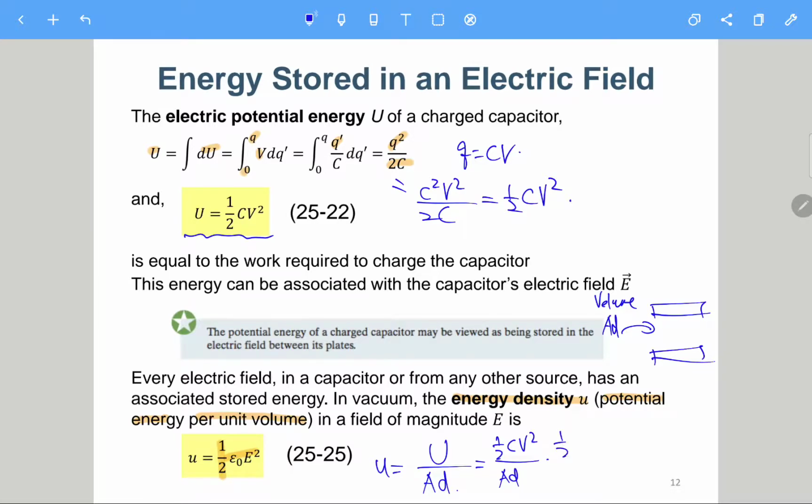And then you know that C is epsilon naught A over D, times V squared. We also know that V equals E times D. So we have E squared D squared over AD.